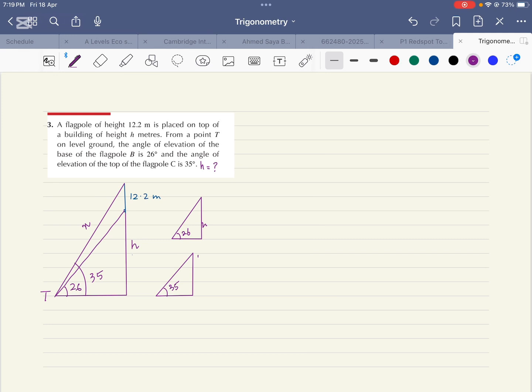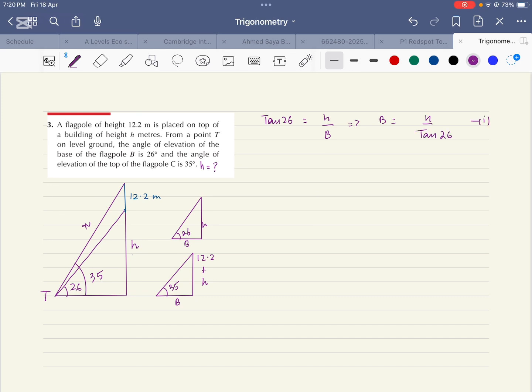This is 12.2 plus h, because this is the entire height in the triangle where the angle is 35. So we are going to find it in terms of the base for both of them, because the base is the same for both and it can be equated. So I will write tan 26 is equal to height upon base, so base is equal to h upon tan 26.